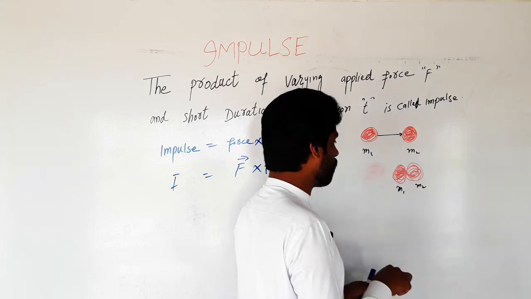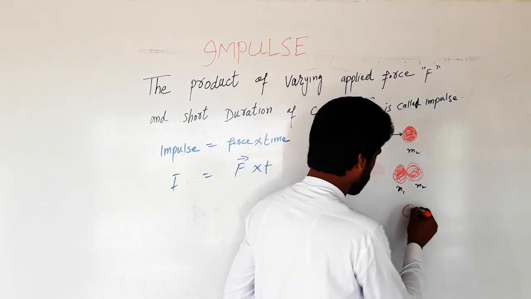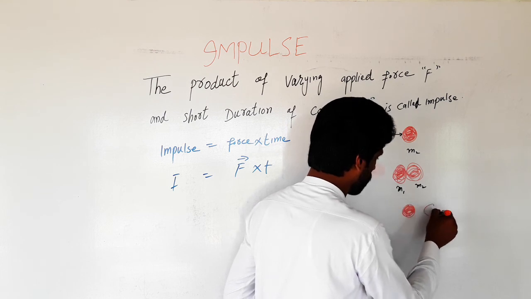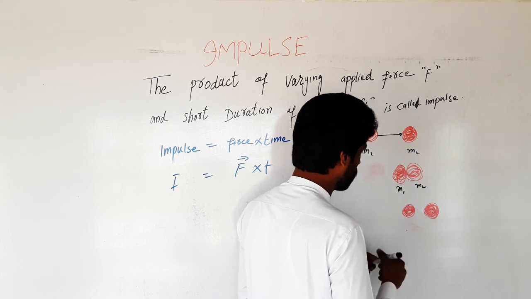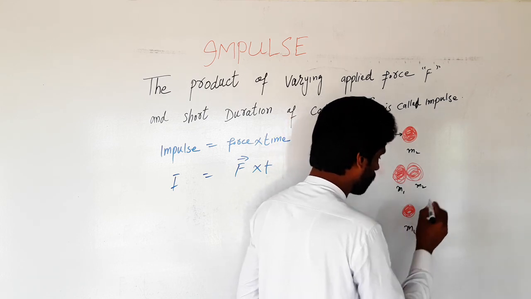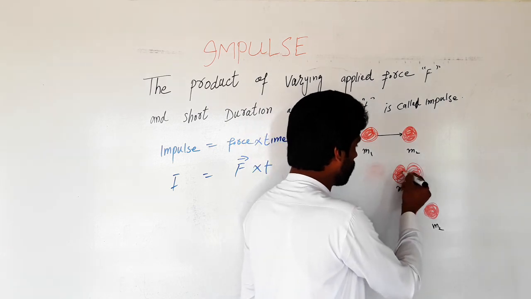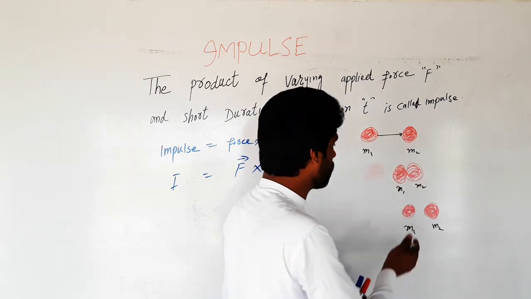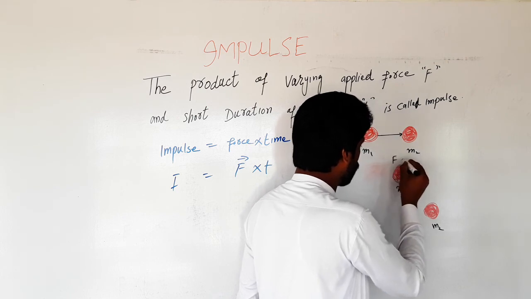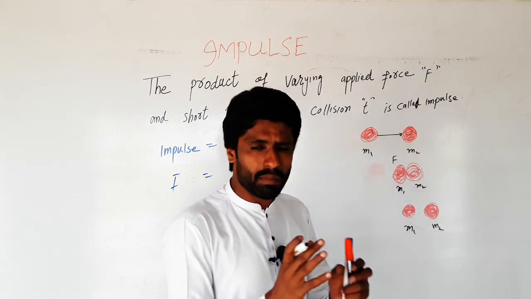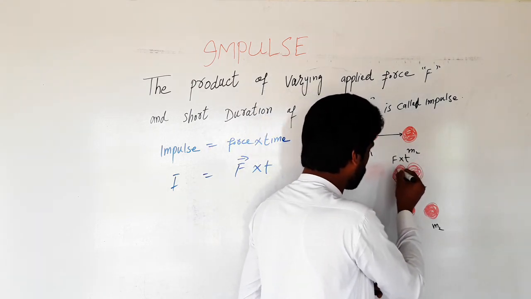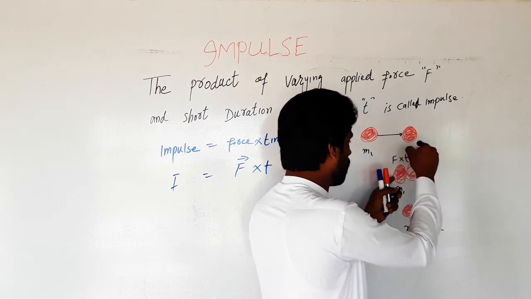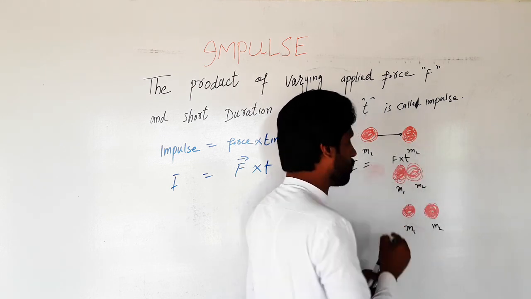In this colliding time, a very short interval of time t, force F is exerted by M1 on M2 in time interval t. This is known as impulse.